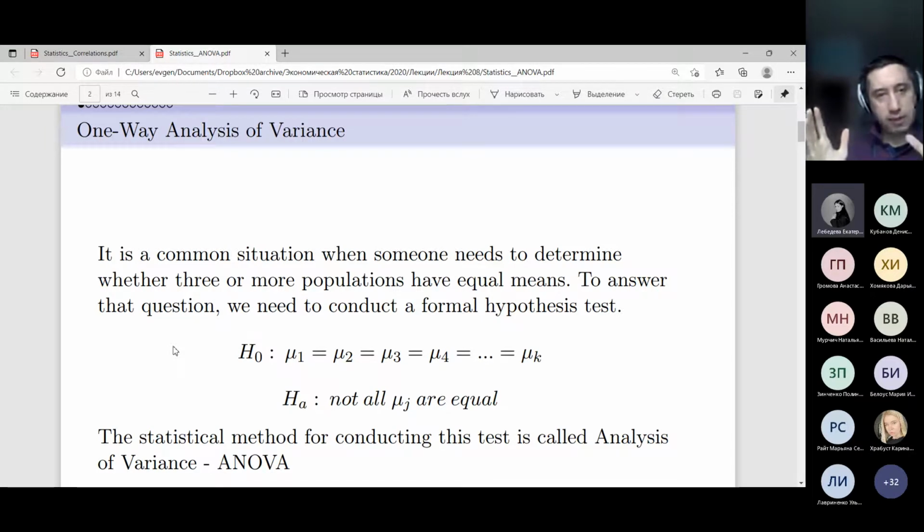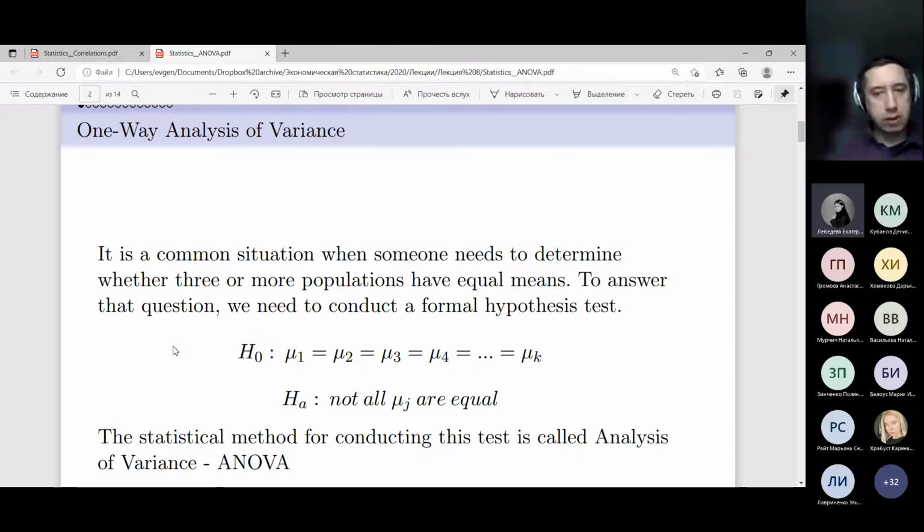First, you have to formulate the statistical hypothesis. Here the formulation is easier than that of pairwise comparison of means. When we conduct pairwise comparison, we have to decide whether we need to run a one-tail test or a two-tail test, whether we are looking just for a simple difference between two averages, or whether one average is greater than another, or vice versa.